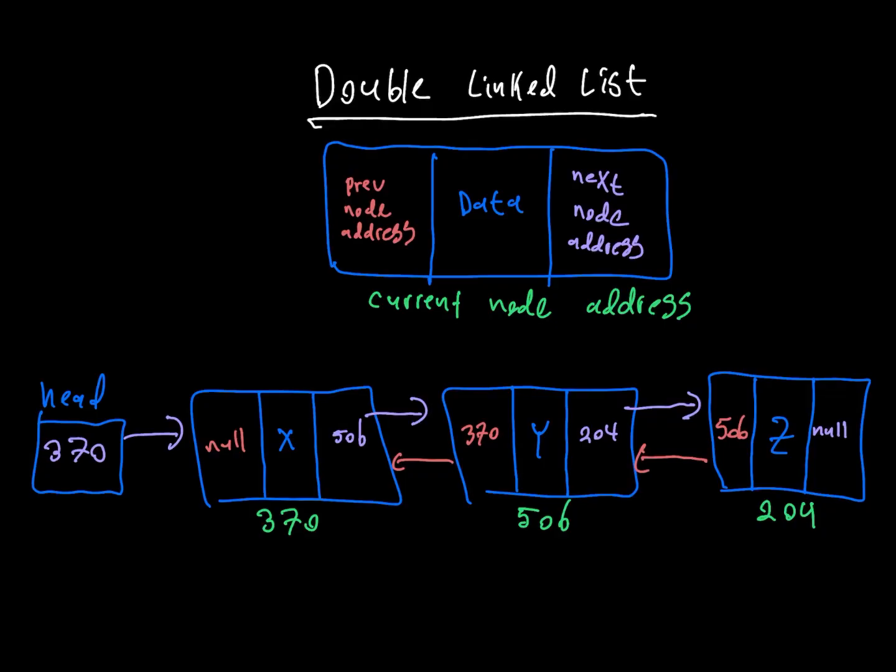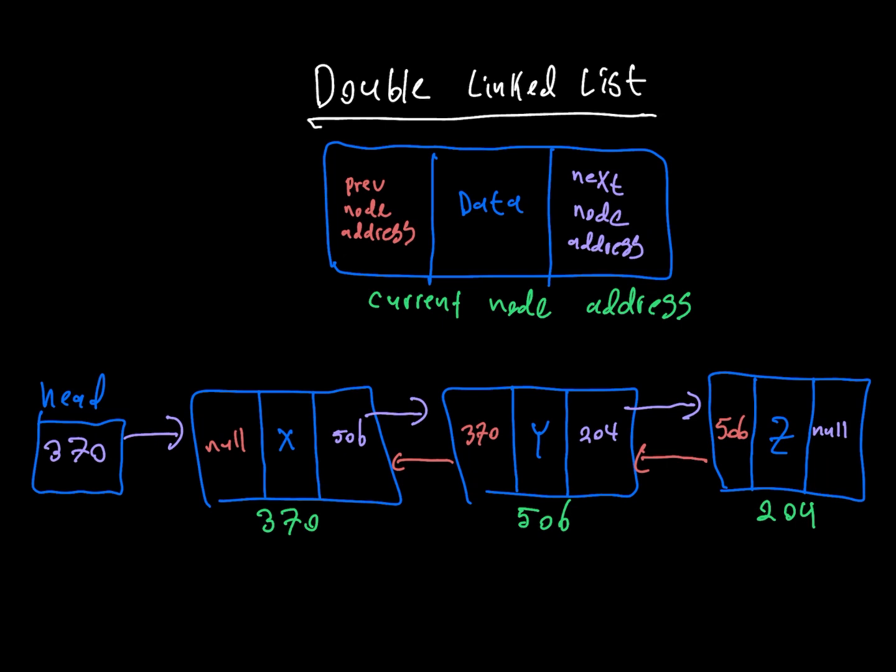We can also play with a node a little bit. So we can add 4 extra bytes, let's say, for a previous node address, right? So over here we can see that we have this side pointing to the address of the next node, and then this side pointing to the address of the previous node.